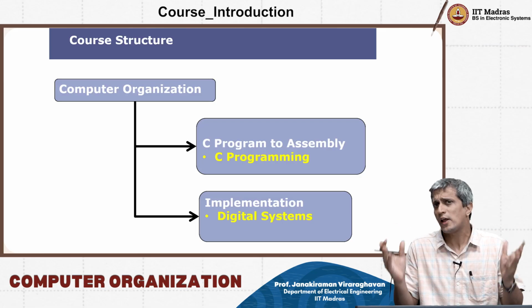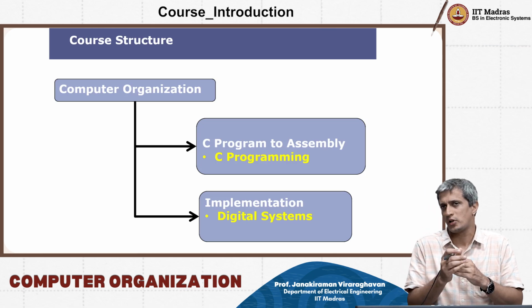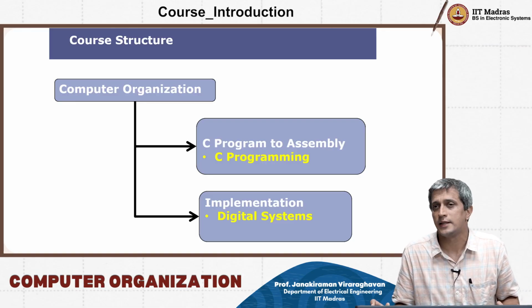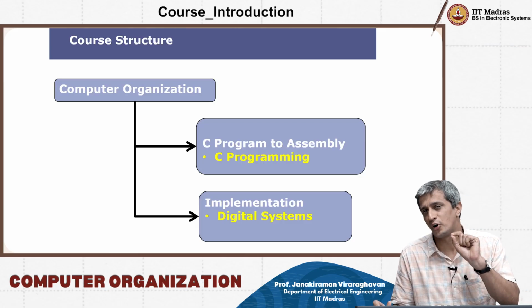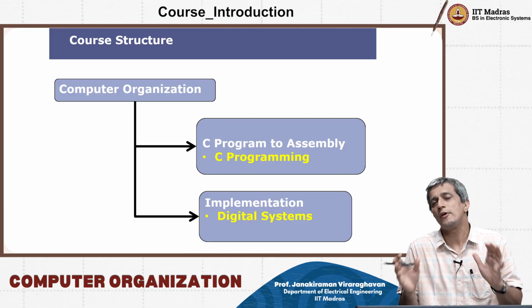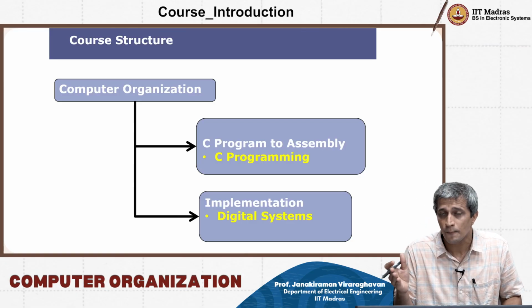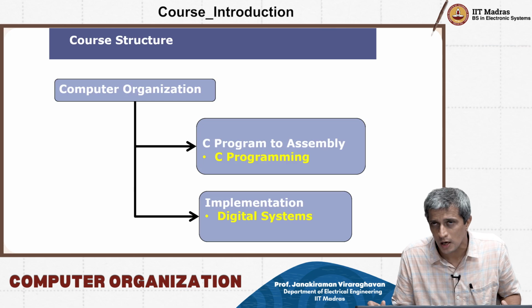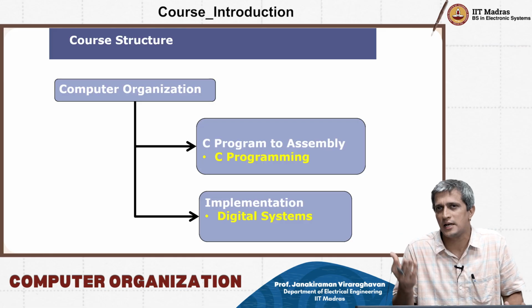So there are various flavors of computer organization. There is a computer science view which talks about the architecture, and sometimes the course could also be called computer architecture. There could be some overlap, but I'd like to reiterate that in this particular version of the course, because it's an electrical engineering computer organization course, we will be focusing on certain electrical engineering aspects, namely how fast can a processor actually work, what is the maximum clock frequency at which it will run, and how does adding a new instruction to the microprocessor affect the delay and so on.